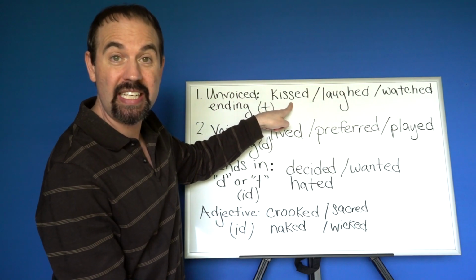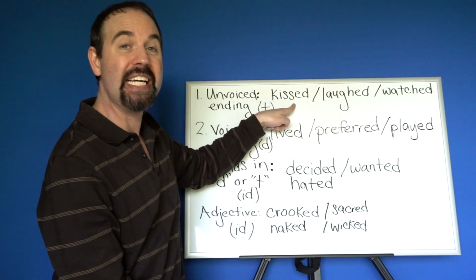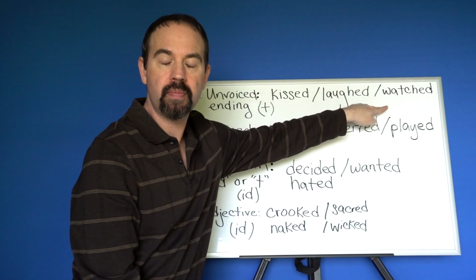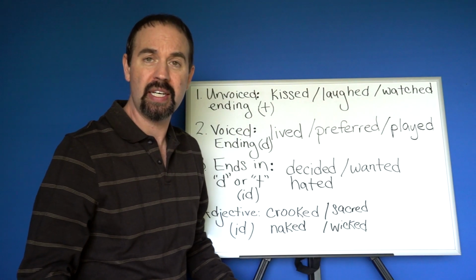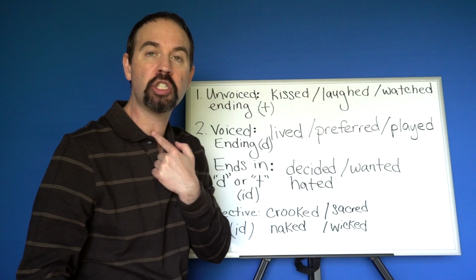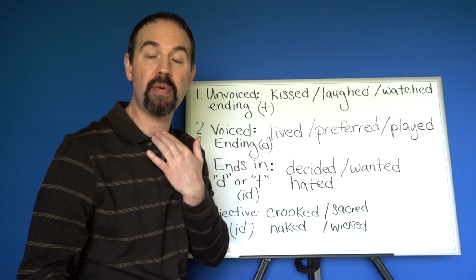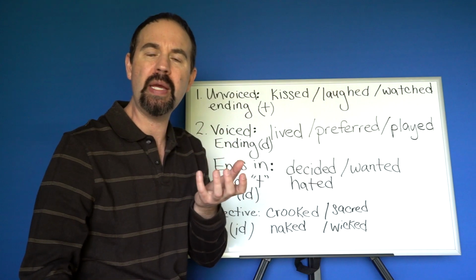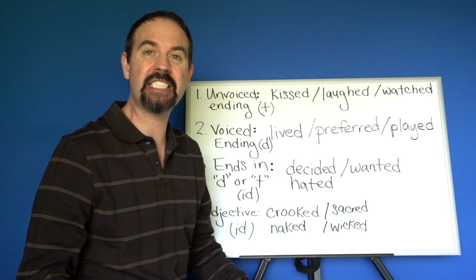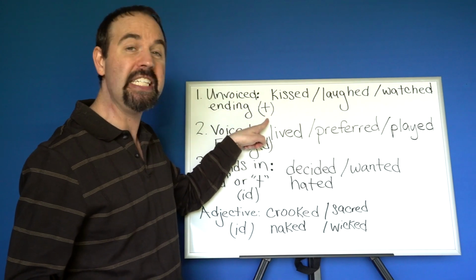When we add the ed it sounds like a T. Kissed, laughed, watched. The reason is because there's no vocal cord vibration, so we don't add vocal cord vibration in the d. We keep the unvoiced sound. So kissed. It has a T sound.